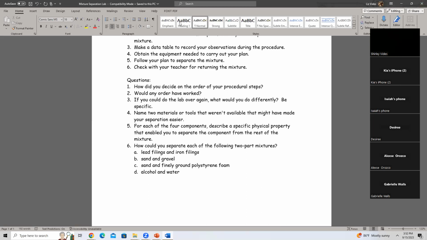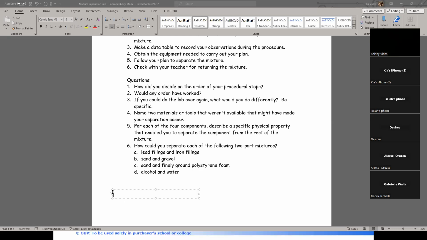Okay, so let's say this is our mixture. We have iron filings. We have poppy seeds. We have salt. Let's say another type of seed, coriander seeds.